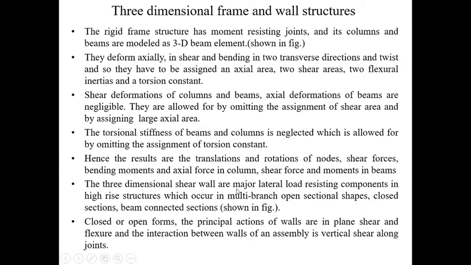This was the plane case. Three-dimensional shear walls are the major lateral load resisting components for the high-rise structure, and they occur in multi-branch forms. It may be an open section shape, it may be a closed one, or it may be a beam connected section.